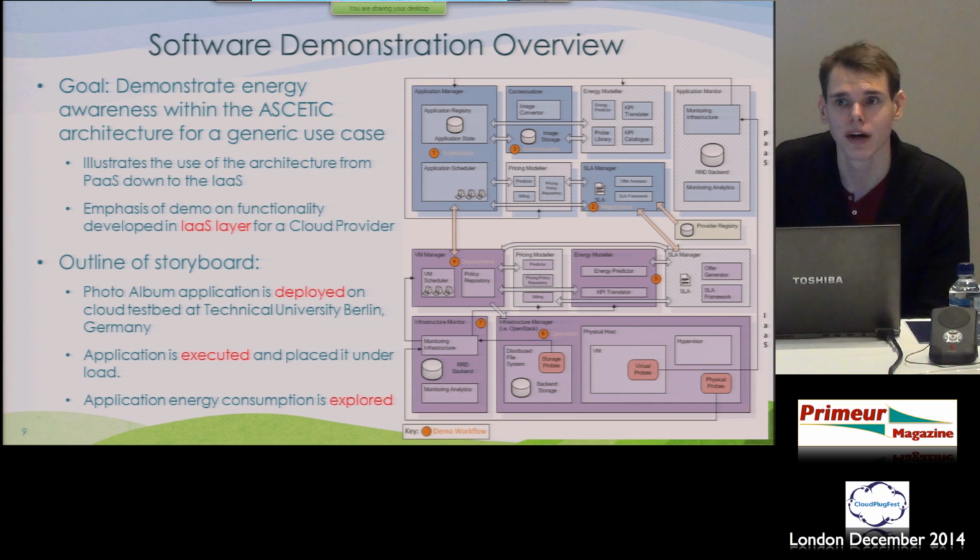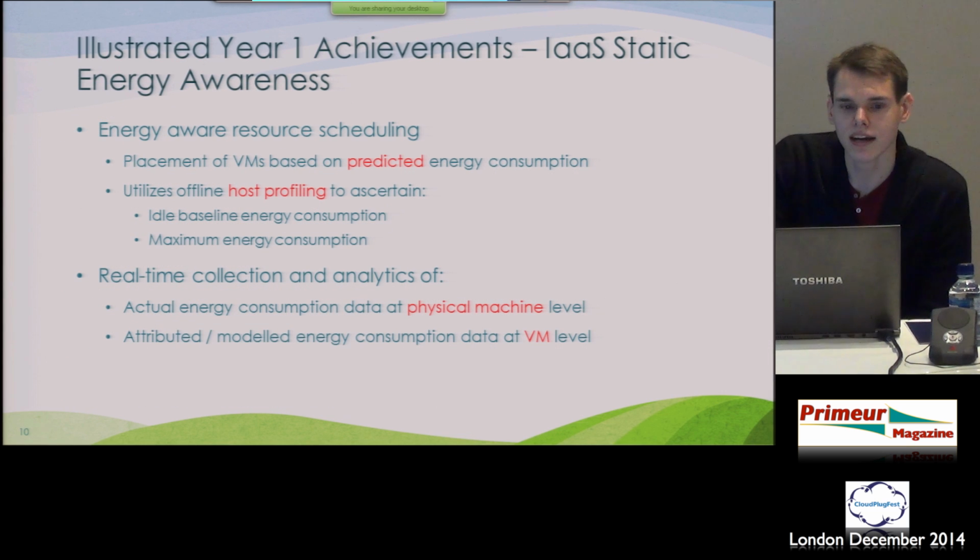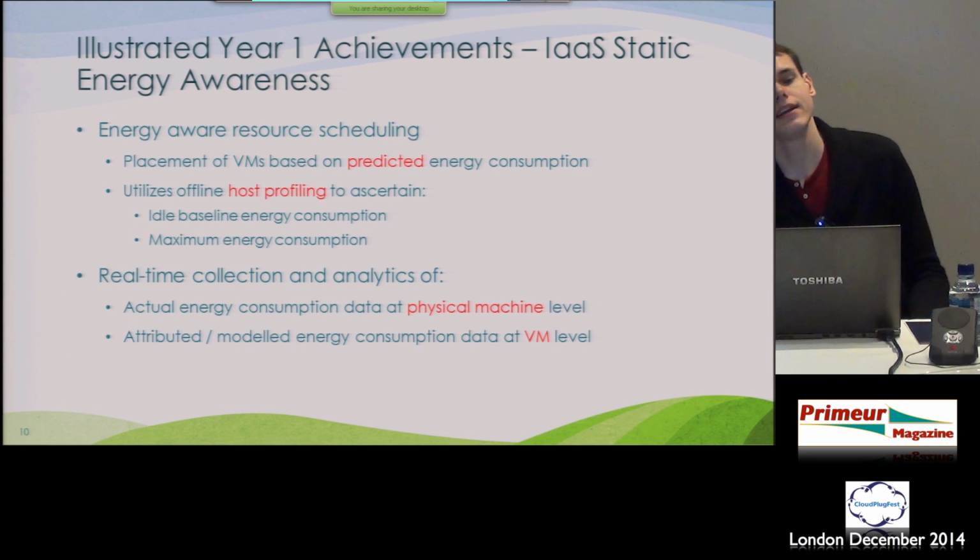I'll show you a bit more about the energy awareness that we've built into the virtual machine manager's scheduling functionality within the demo. Once the application is deployed, we have some monitoring infrastructure tools that we use to then explore the energy consumption of that application.